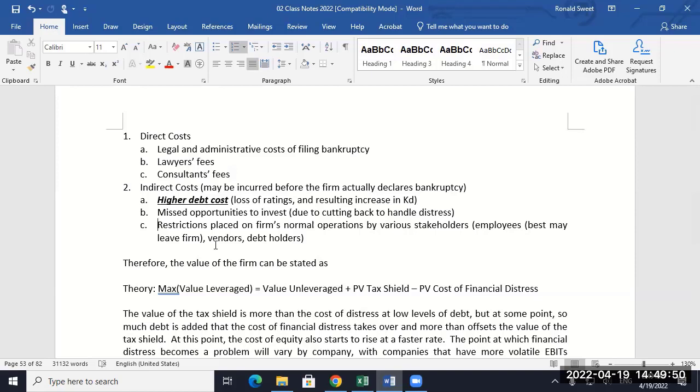Vendors are going to say, we're not going to sign any kind of contract with you to deliver stuff to you, so we want our money up front. Between the debt holders, your inability to expand your business, your vendors, your employees, you're going to have so many restrictions. It's just going to make it almost impossible for the firm to survive. I don't think JCPenney's quite there yet, but they're moving in that direction.